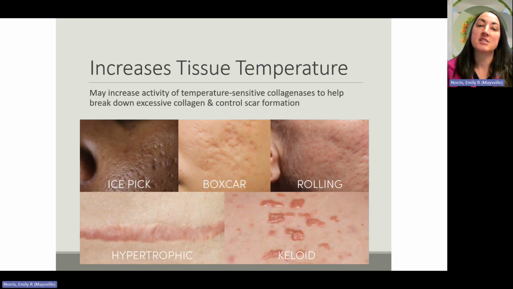With the increased tissue temperature, the compression garments themselves typically increase the temperature of those areas, which can increase collagenase, which is temperature sensitive, to help break down excessive collagen and keep you from developing those hypertrophic or keloid scars. So it could help decrease the scar formation.